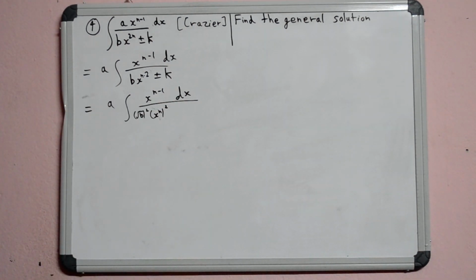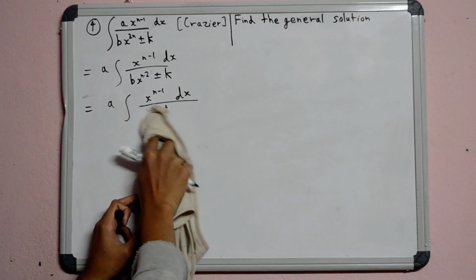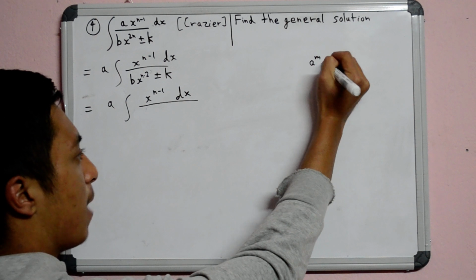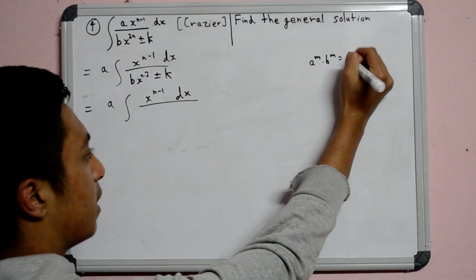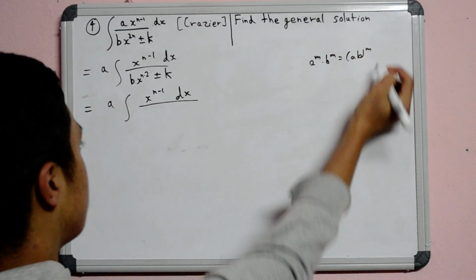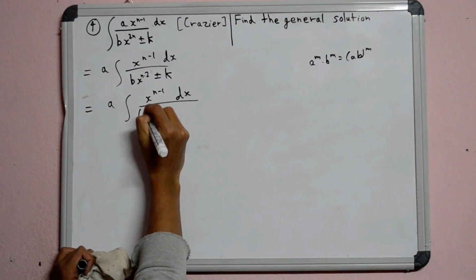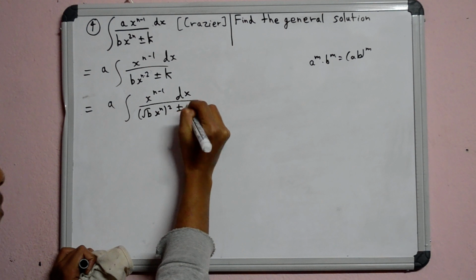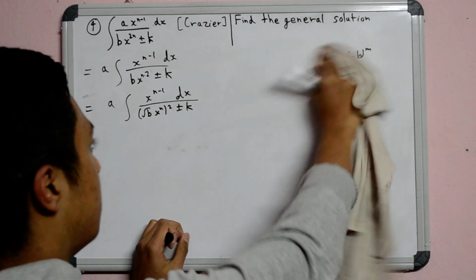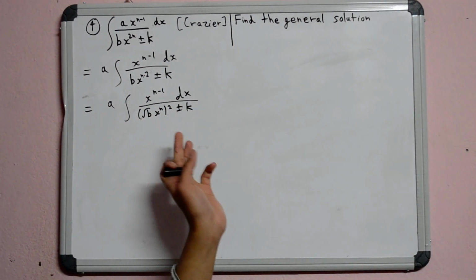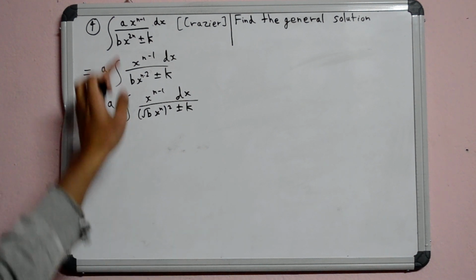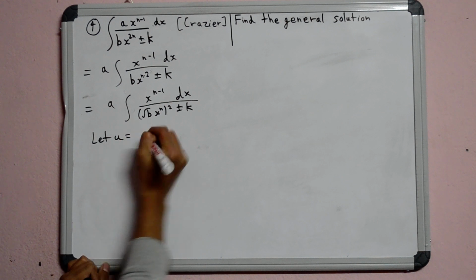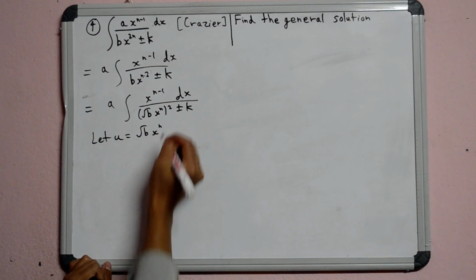So in fact, we can skip some steps, and this will simply be square root of b into x to the power n whole square plus minus k. Because if you open this, you'll get b x to the power 2n, which is just this right here.